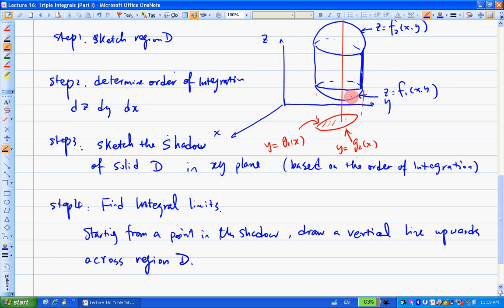Once you've done this part, it's more or less like the process in the double integral. You can think of a stickman walking along this line upward. Then you will have a first contact and a second contact. This vertical line essentially intersects the solid region D in this much of a line segment.